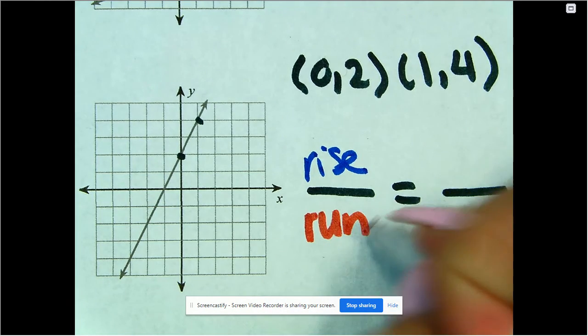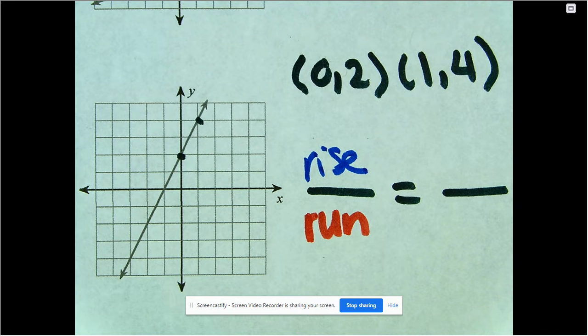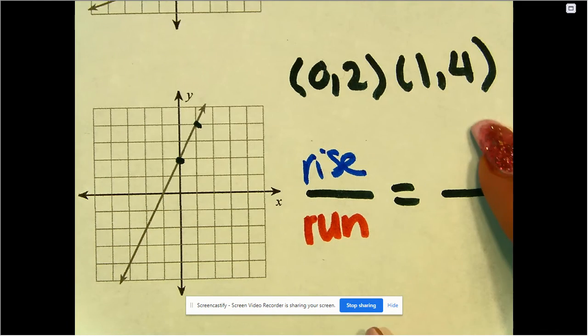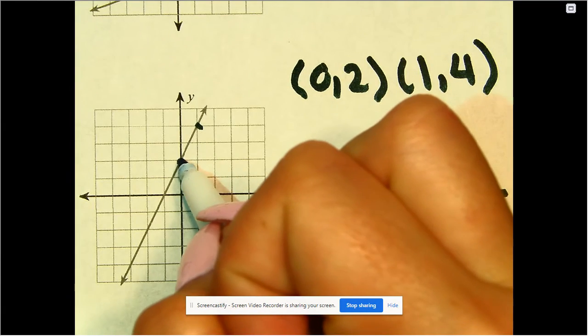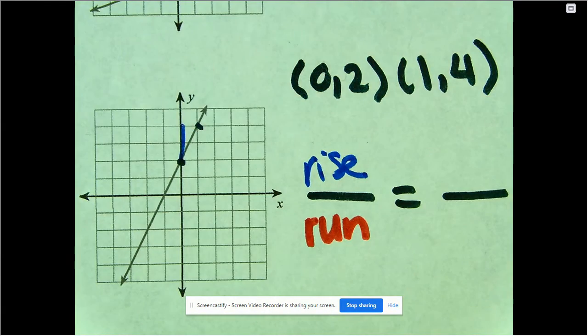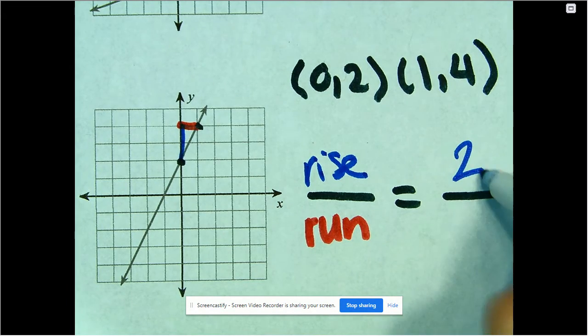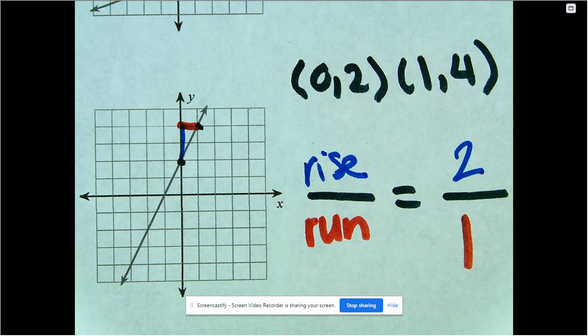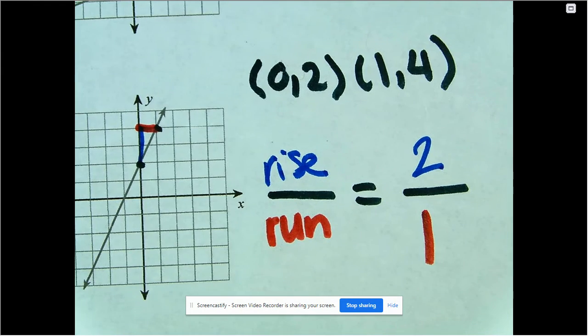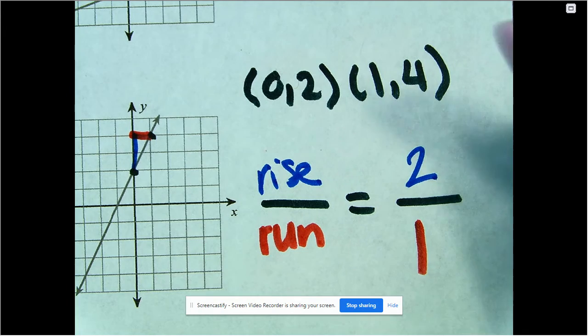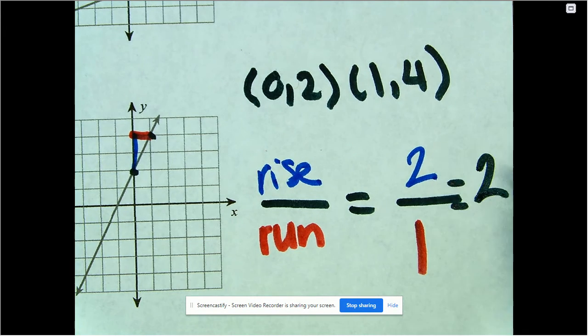Now again, you could have chosen points that were further apart from each other, and I'll show you how that all simplifies down to the exact same thing. So in this case, I'm going to rise up 2, and I ran 1. So 2 over 1. Now this particular slope fraction will simplify down to the whole number 2. So 2 over 1 is also just 2.